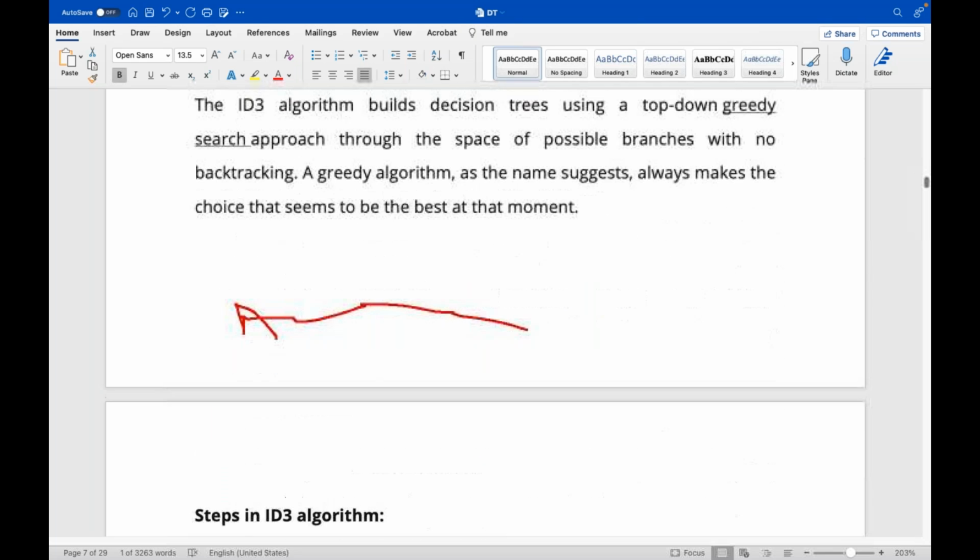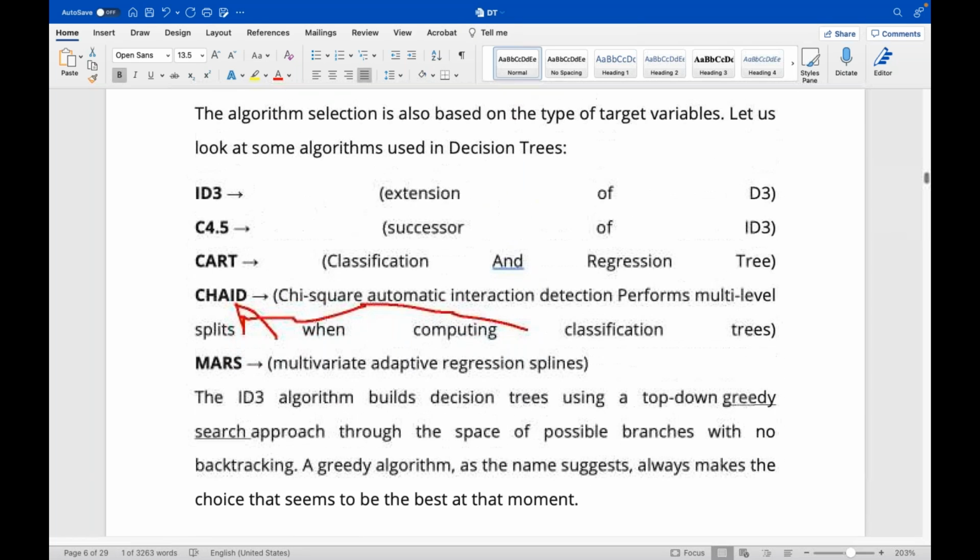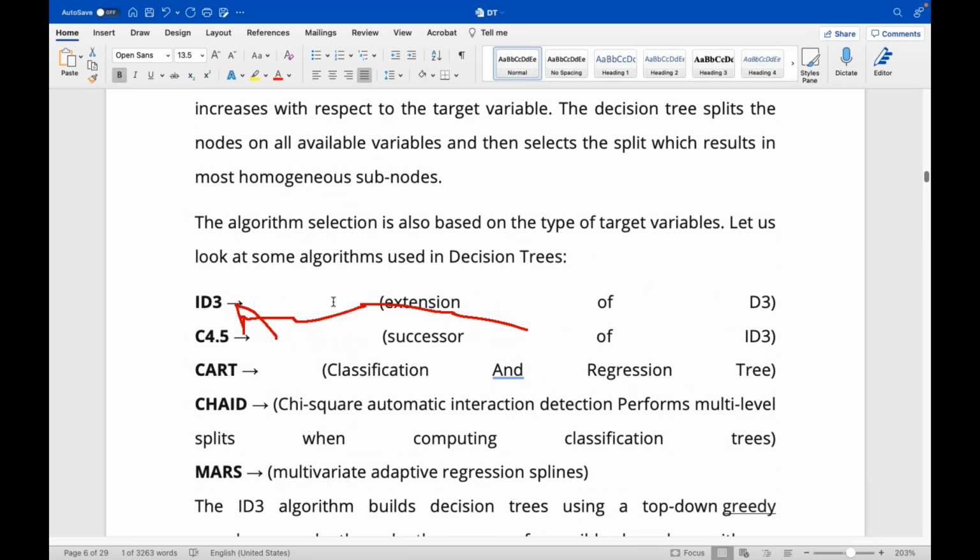Before that, I want to tell you there are different kinds of decision tree algorithms. The algorithm selection is based on the type of target variable. One is ID3, one type of decision tree.